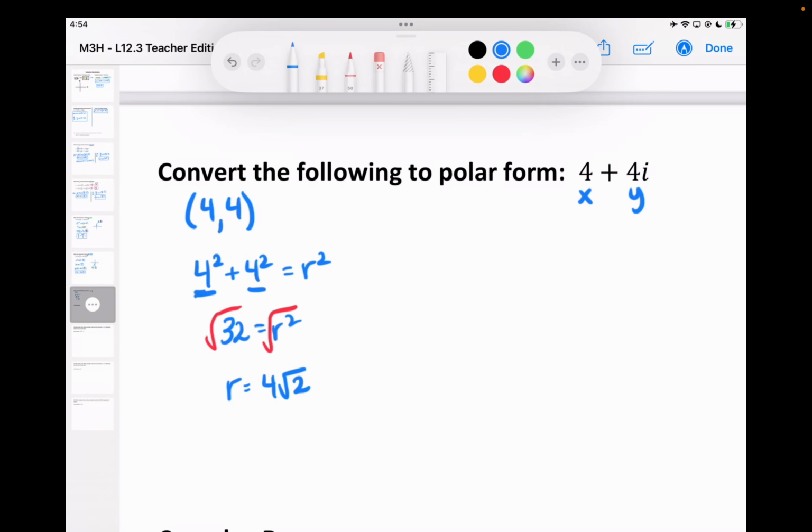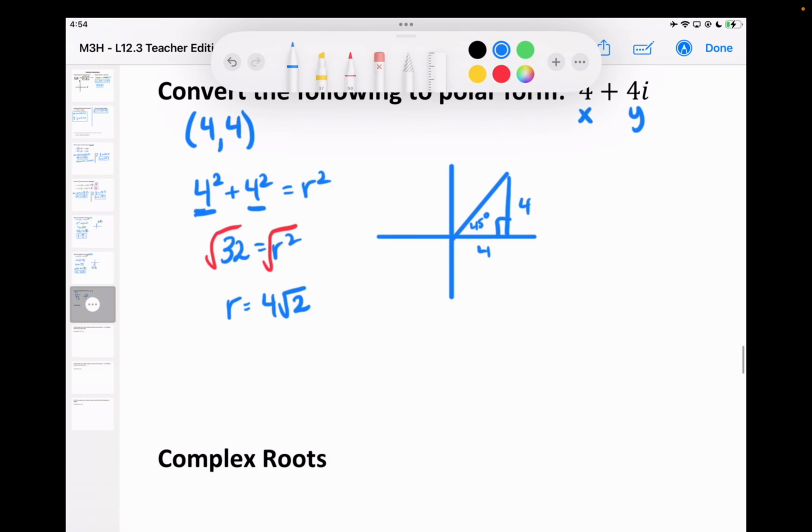Then to find our angle, I just think of the unit circle, because generally these are usually something that's on the unit circle, and this one will be. The reason I can tell is because they're both a distance of 4, which means it's an isosceles triangle. That tells me this is a 45-degree angle, or right in the middle.